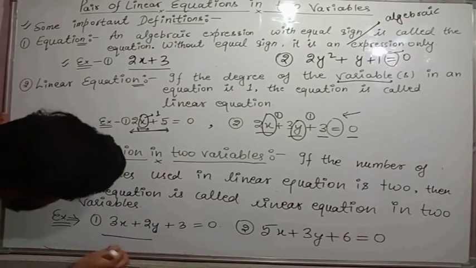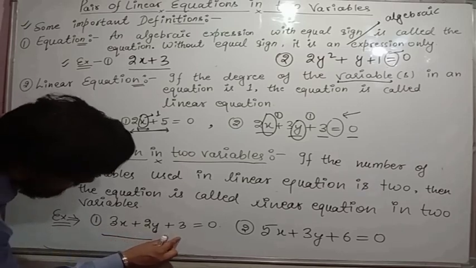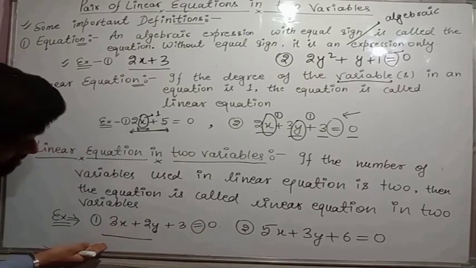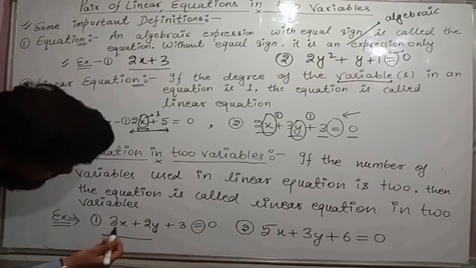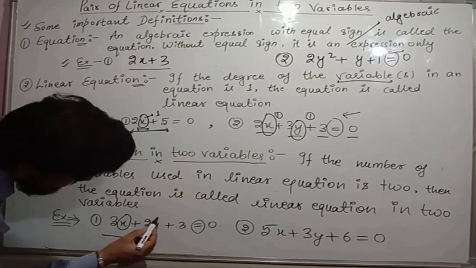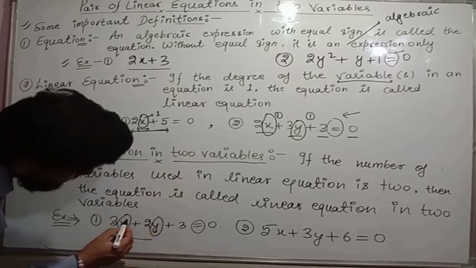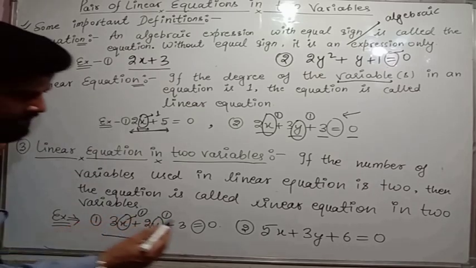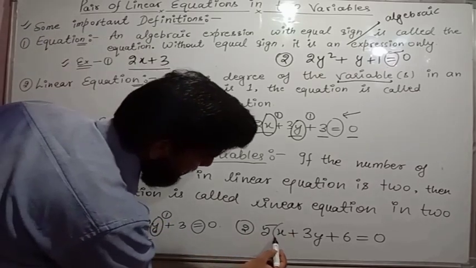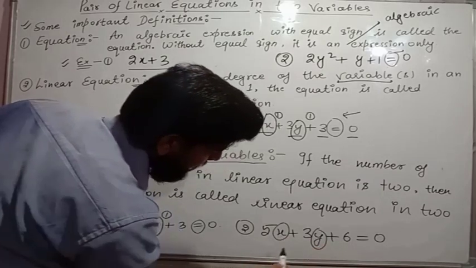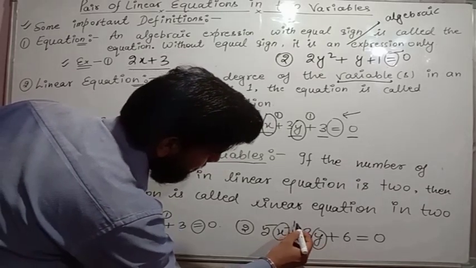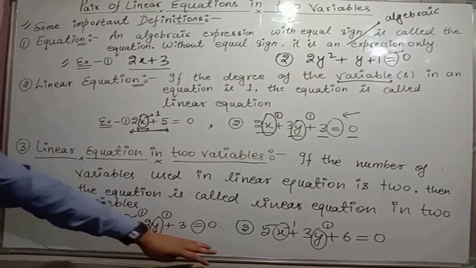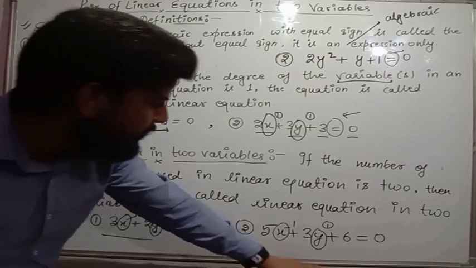Examples like 3x plus 2y plus 3 equals 0. This has an equal sign, so it is an equation, and there are two variables, x and y, and both have degree 1. And here also there are two variables, x and y, and the degree of x is 1 and the degree of y is also 1. So this is also an example of a linear equation in two variables.